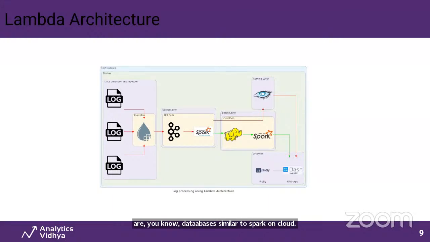So in Spark, there are multiple APIs to handle batch processing and to handle graph data, and also there is MLlib to create machine learning models and do the processing. In the same way, we have an API called Spark Structured Streaming to handle the streaming data and also have some structure on top of it.